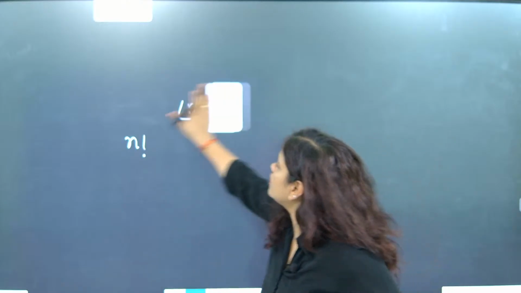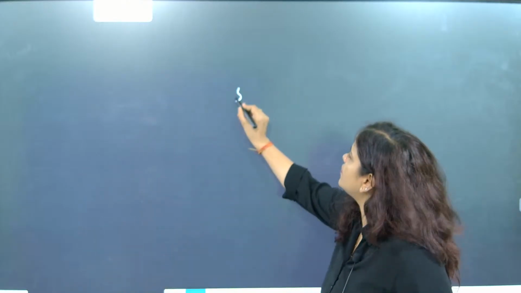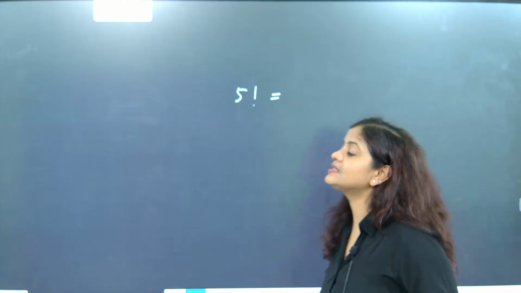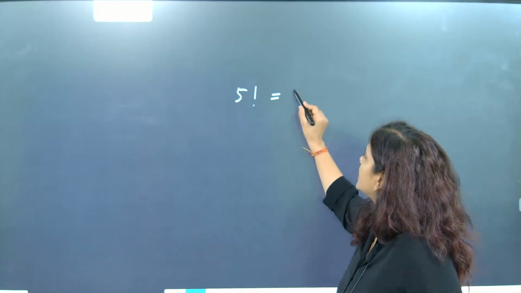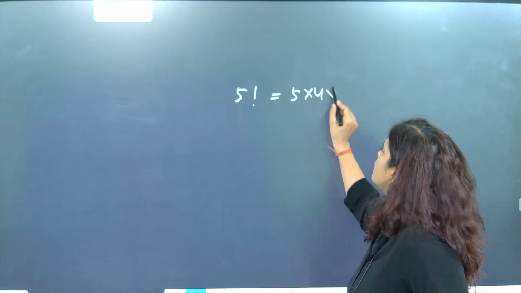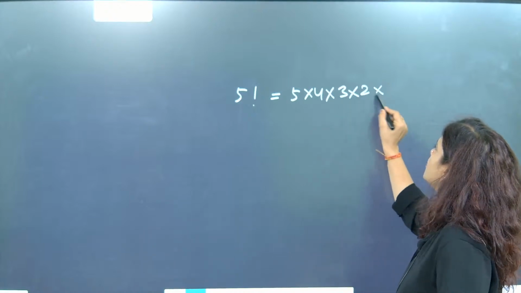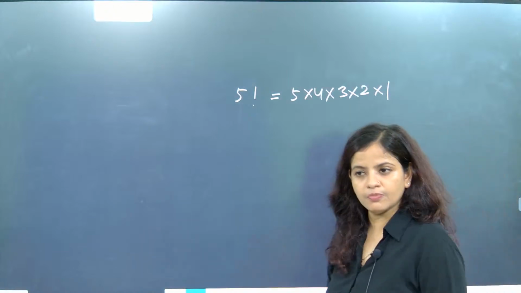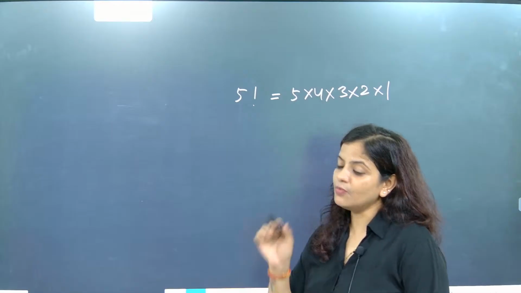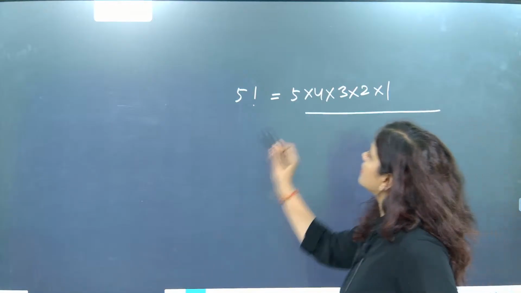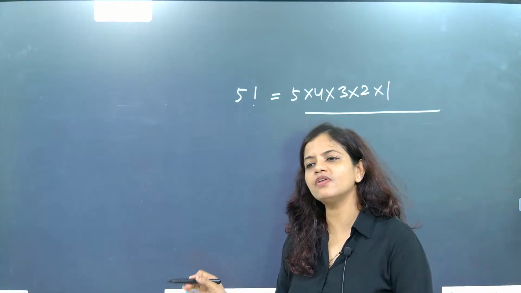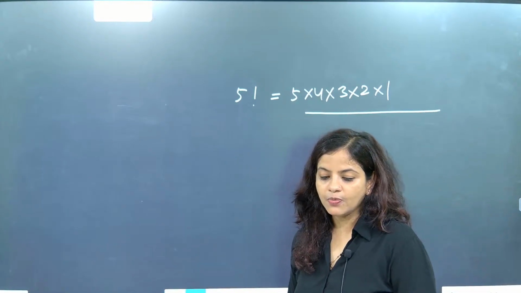Now if somebody gives you 5 factorial, it's the continued product, so it will become 5 into 4 into 3 into 2 into 1. It will not go to 0, because the moment it gets multiplied with 0, everything will become 0 only. I hope you might have understood.